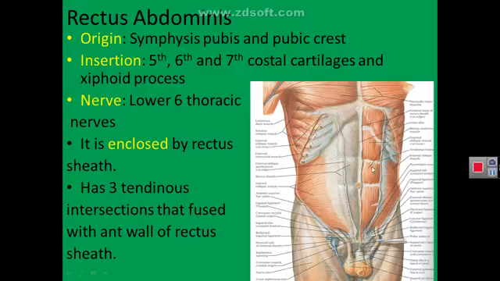These aponeuroses form an anterior wall and a posterior wall surrounding the rectus abdominis muscle. These walls form the so-called rectus sheath. Rectus abdominis, as we said in the surface anatomy, shows tendinous intersections: one at the umbilicus, one at the xiphoid process, and one in between them. These tendinous intersections are firmly adherent to the anterior wall of the rectus sheath, but they are not attached to the posterior wall of the rectus sheath.